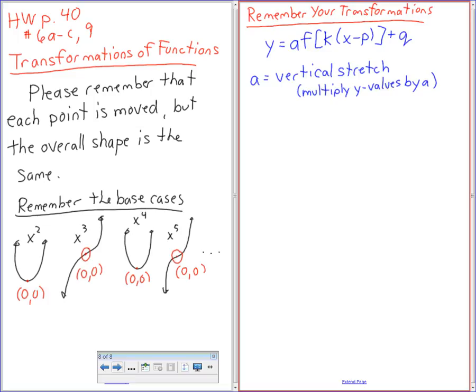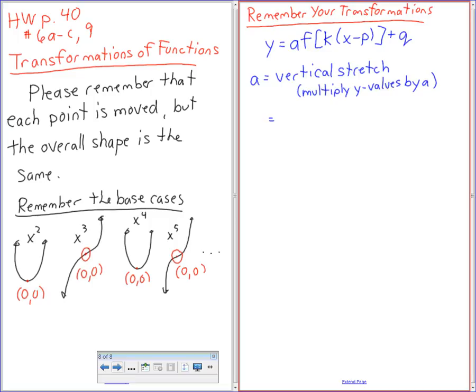Okay. All right, what does the k mean then? If I say f of bracket 2x, do you remember what f of bracket 2x would mean? Right. So k is going to be, do you want to call it compression or a stretch of one over?